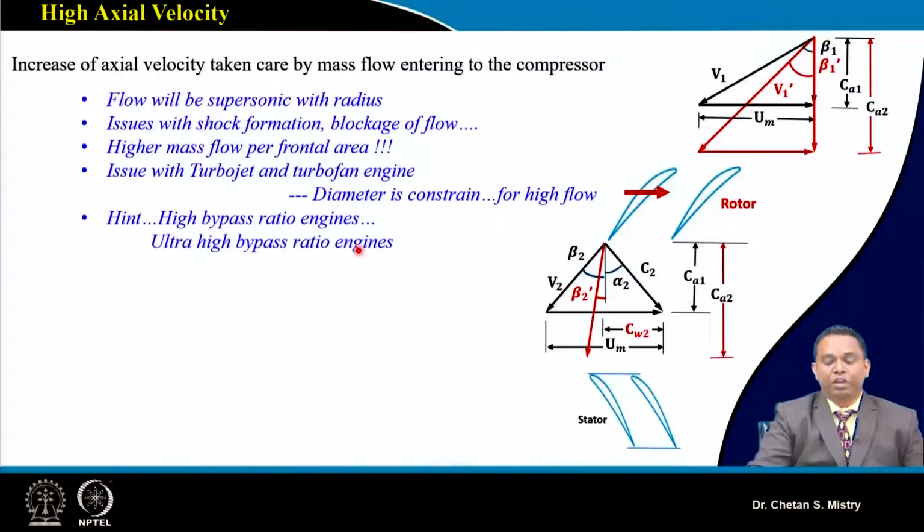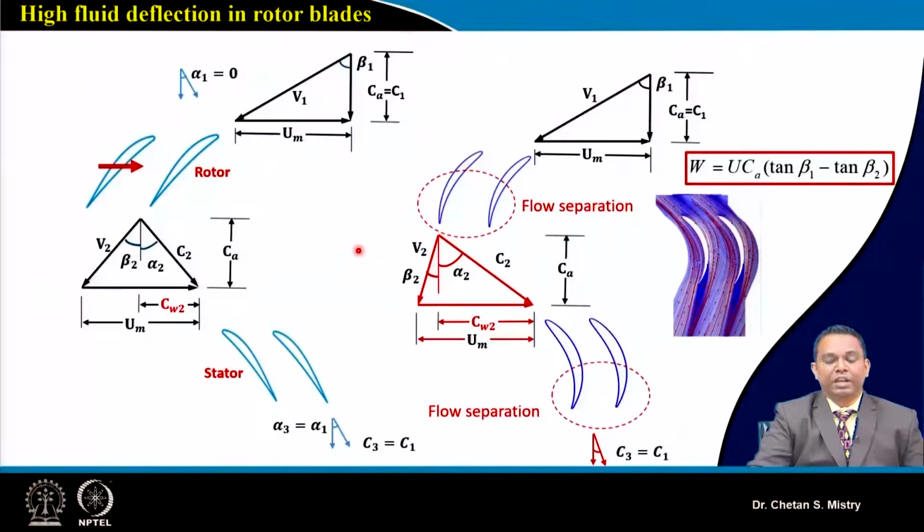Now, if we go with the next option, that is a change of my deflection angle. So here on the left-hand side, this represents a conventional stage. When we look for higher aerodynamic loading in order to achieve a higher pressure ratio, in order to achieve higher diffusion, my inlet relative velocity and outlet relative velocity need to be managed.